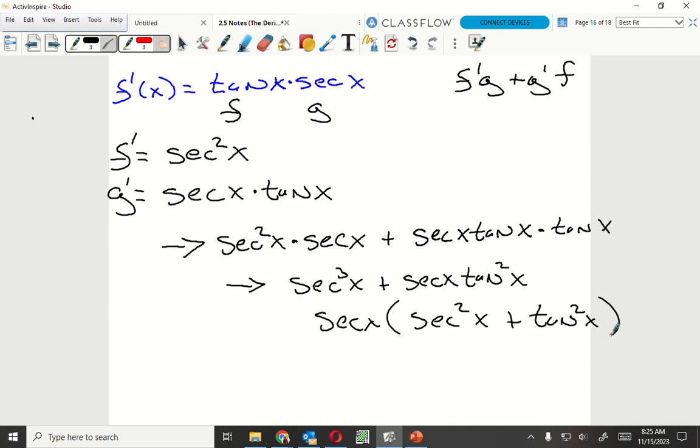Whenever I see a secant squared, tangent squared, if I see any of those squares, I always want to try to... okay, again, I don't memorize all the trig identities for Pythagorean identities. I can try to make it. So on the next page, I'm going to try and see if I can get my identities to work with this.